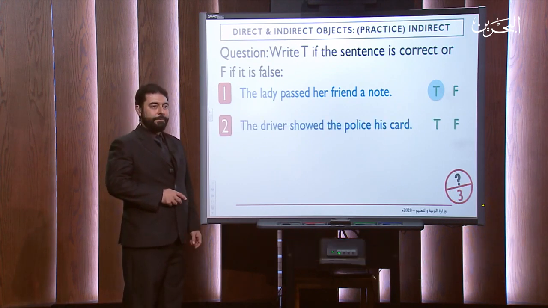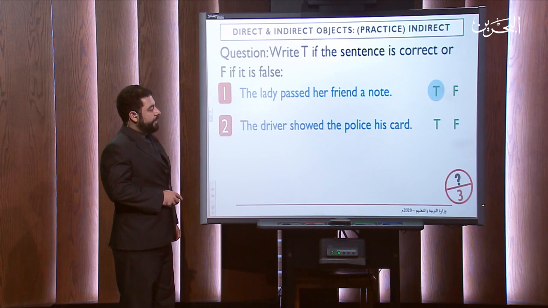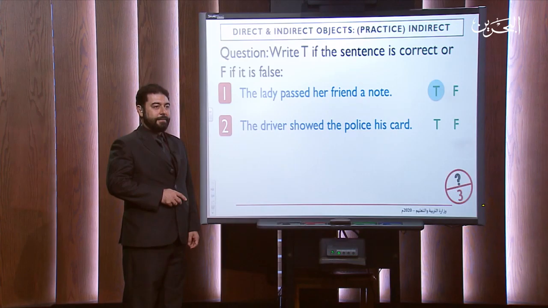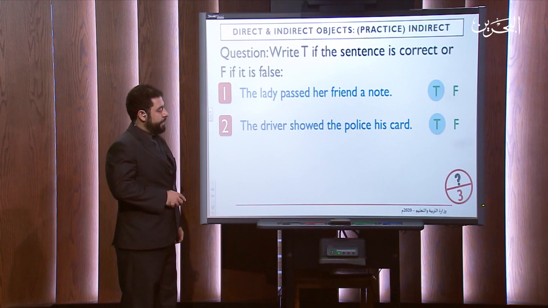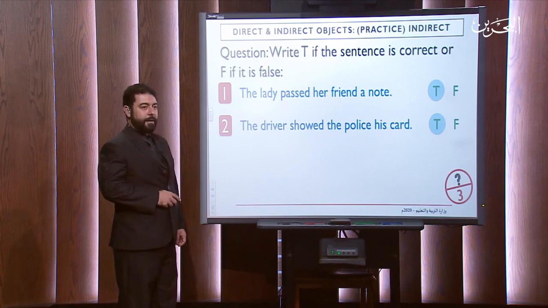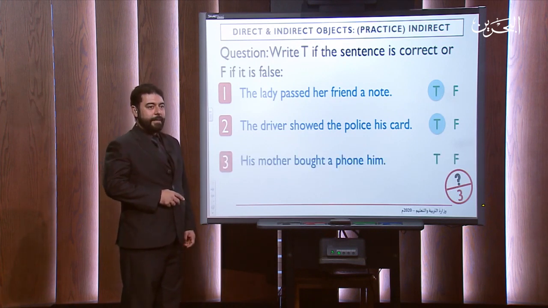Let's check another one. 2, the driver showed the police his card. 5 seconds. Let's take a look. True, the driver showed the police his card. Number 3, his mother bought a phone him.